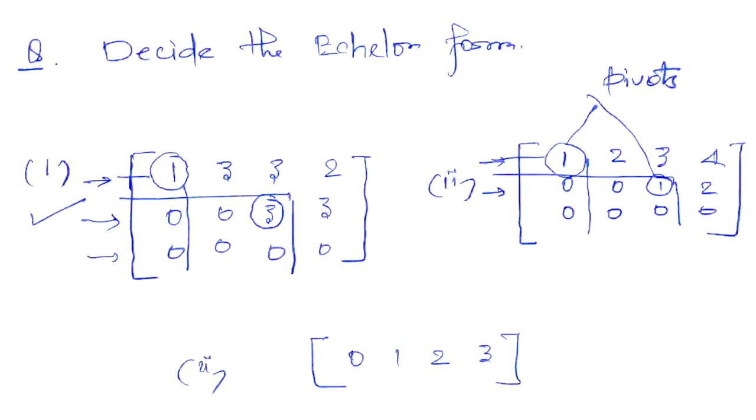In the third row, all the elements are 0. There is no pivot in this row, so the matrix is in echelon form. The last matrix has only one row, so we don't have anything to do. Whether it has a pivot or not, it will always be in echelon form.